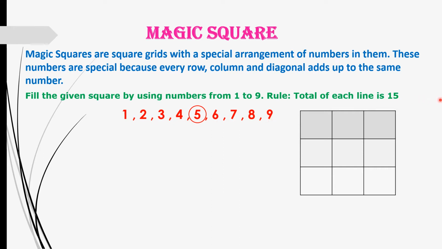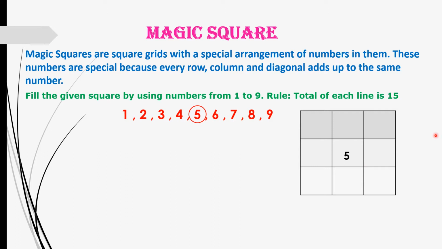So 5 is the number which is in the middle. So first I am going to fill 5 in the magic square and it should be in the center, as you can see. Then the trick to fill other numbers.